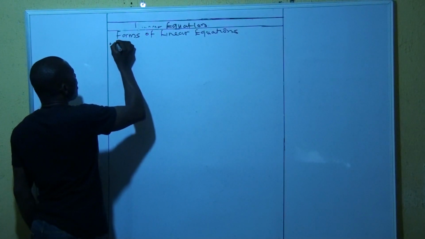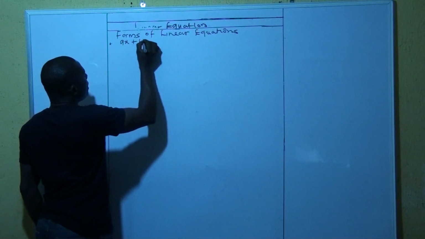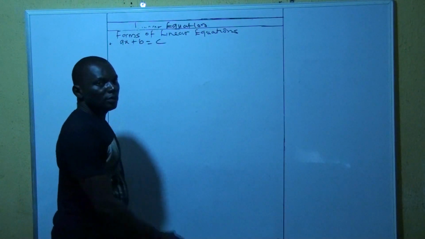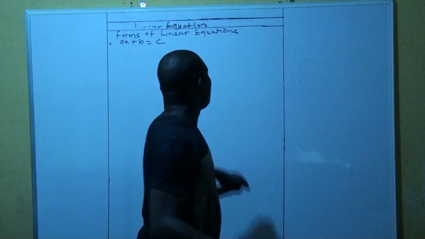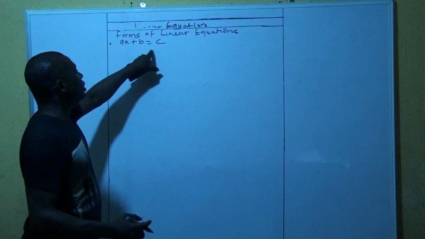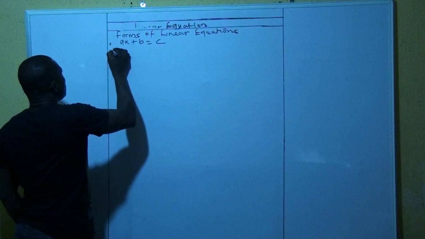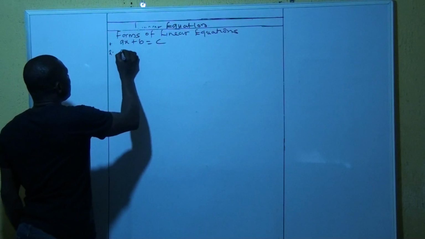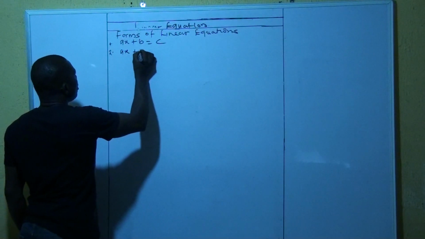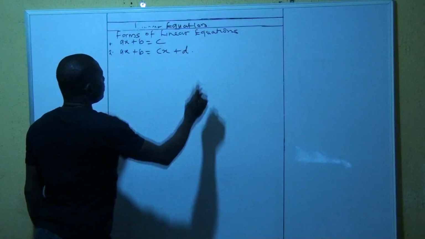One, we have the one of this nature: ax plus b is equal to c. And we also have two, the one of this nature: ax plus b is equal to cx plus d.